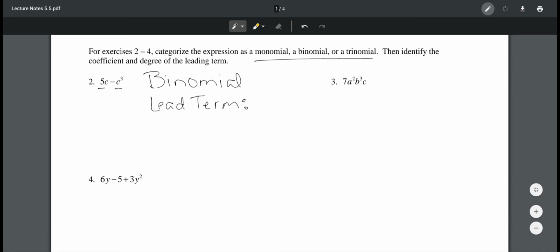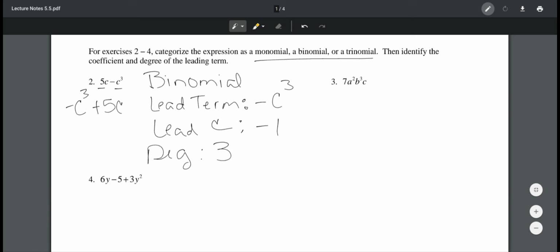If I write this in descending order, the leading term would be negative c to the third power. So the leading coefficient in this problem would be negative 1 because that's the value in front of the leading term. And the degree of this polynomial is the largest exponent, and that would be 3.